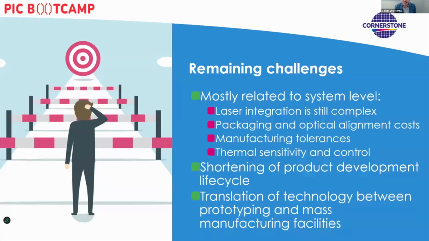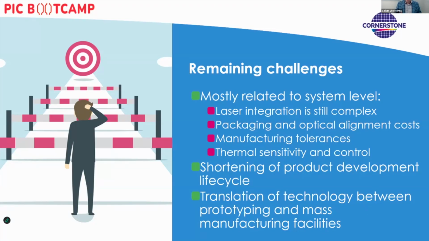And what are some of the remaining challenges? I think the laser integration and the packaging still dominate the cost. And there is a challenge around optical alignment, where it's much more difficult to align an optical fiber and a waveguide than in the electronics comparison, because we need to align the modes of the two different parts.